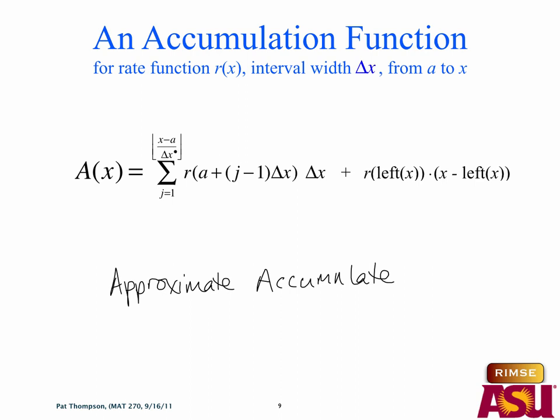And what we're going to do is make this approximate accumulation function really good. Again, the same way that we thought about making the delta x's small on our approximate rate of change function, making delta x's small is going to have the corresponding effect of making this approximate accumulation function very good as well. That's where we're going.